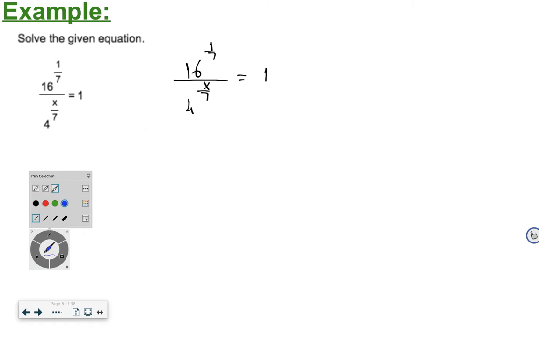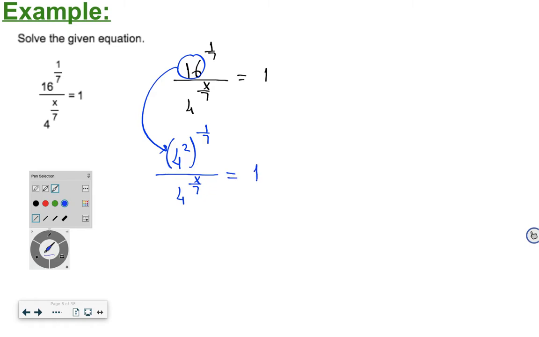How can I write the 16 as an exponent with the base 4? 4 to the power 2 is equal to 16, right? So I can write the 16 as 4 to the power 2, to the power 1 over 7, over 4 to the power x over 7, which is equal to 1. Am I done?